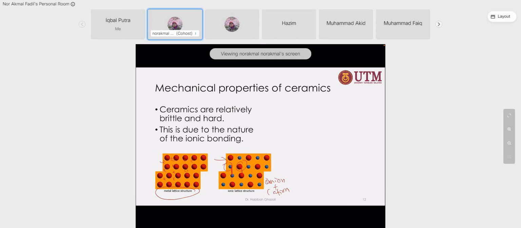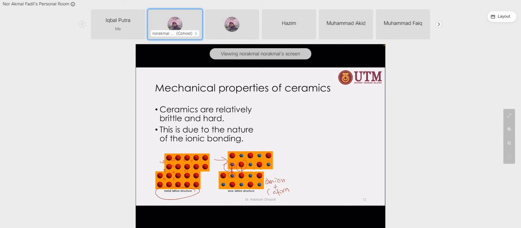For ceramic, when you break the bond between cation and anion, the atoms move, and if cation meets cation, there's no bonding anymore. What happens is the atoms will detach.